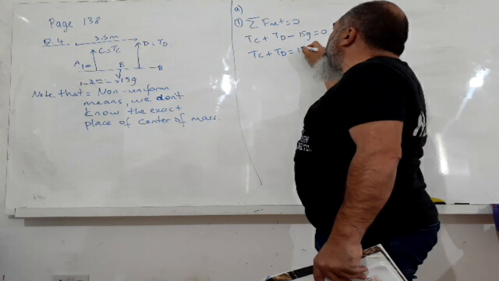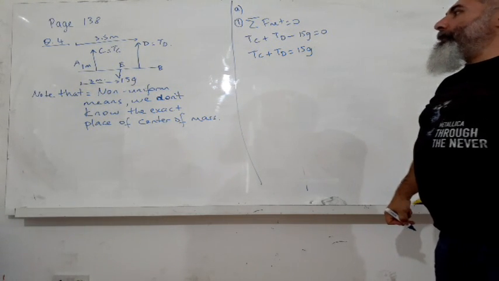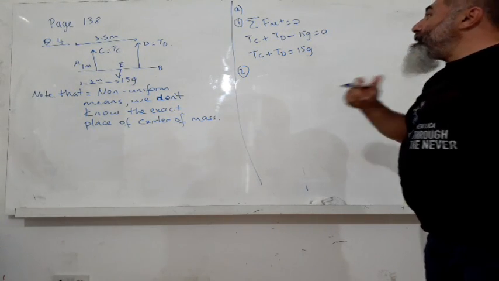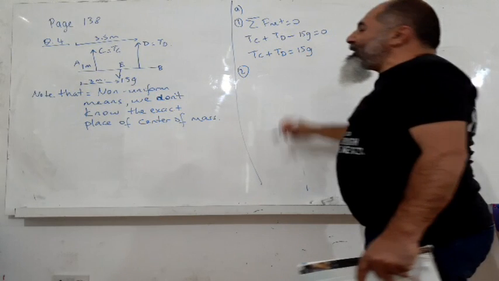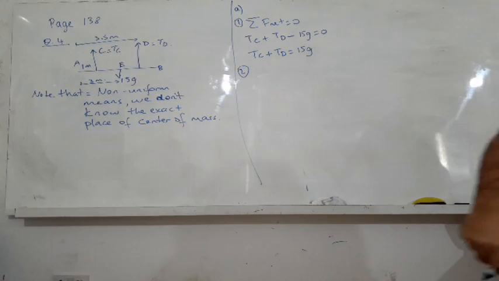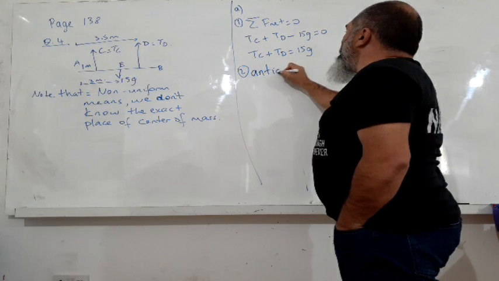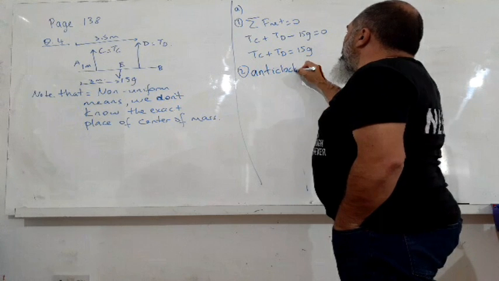And anticlockwise moments, the sum of moments must be equal to 0, or anticlockwise moments must be equal to clockwise moments.